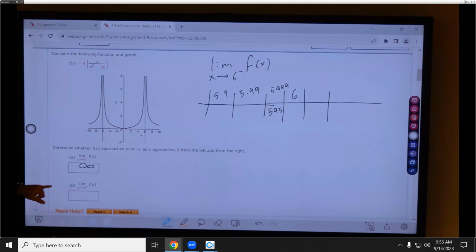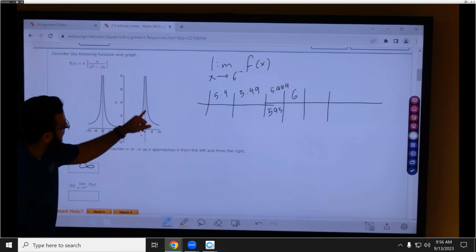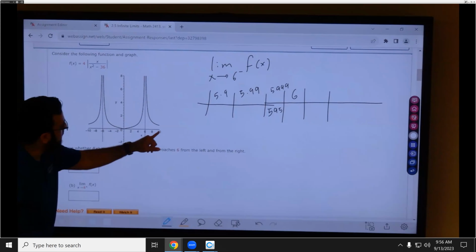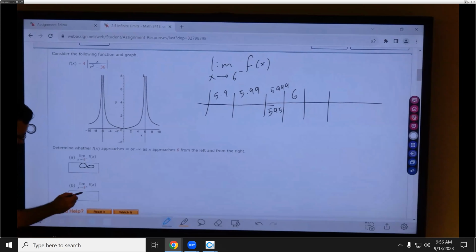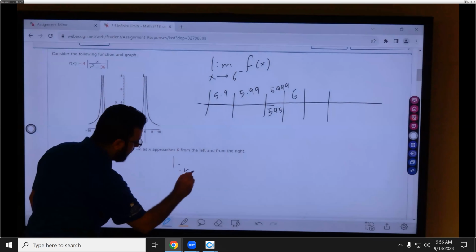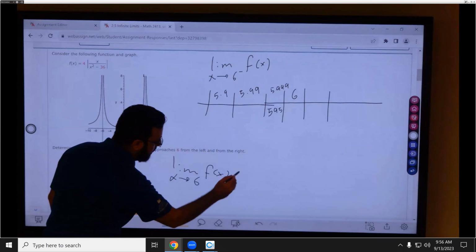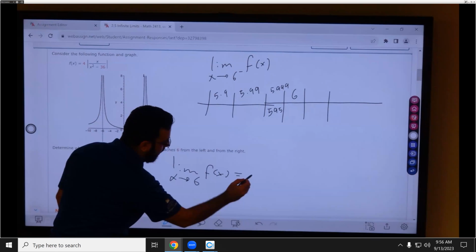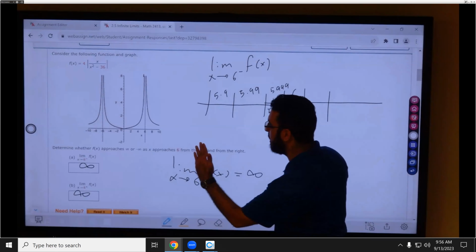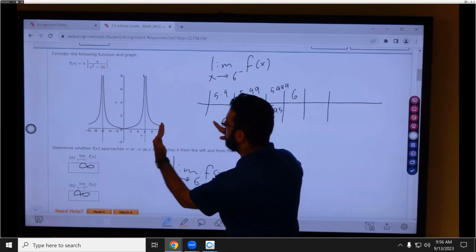What about the next one? From the right side, you'll see the limit goes where? Infinity. So also infinity. In this case, the limit when x approaches 6 for the function is going to infinity, because we got both sides going to the same value, which is infinity.